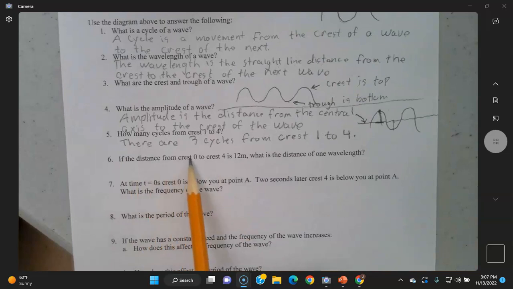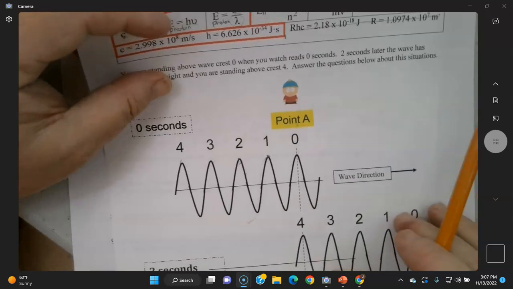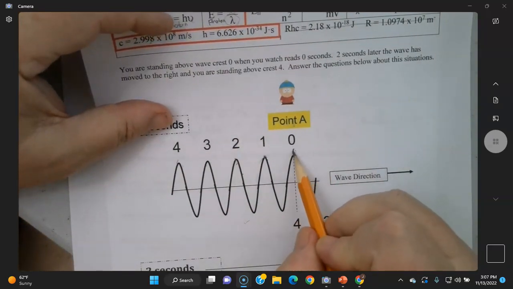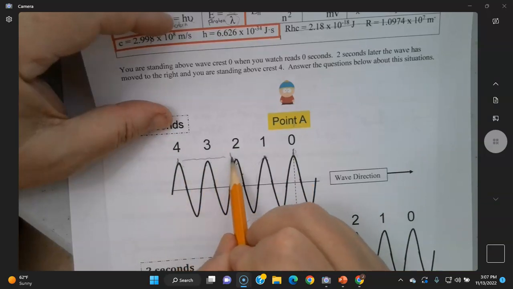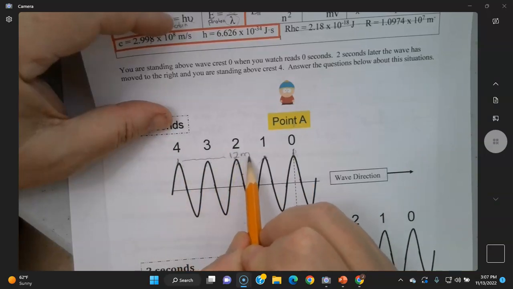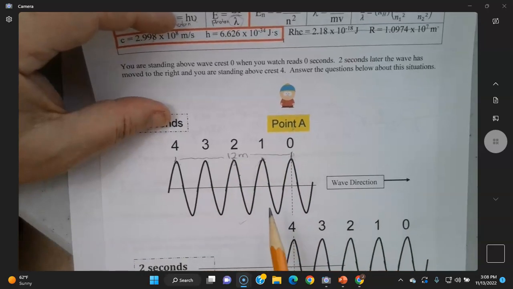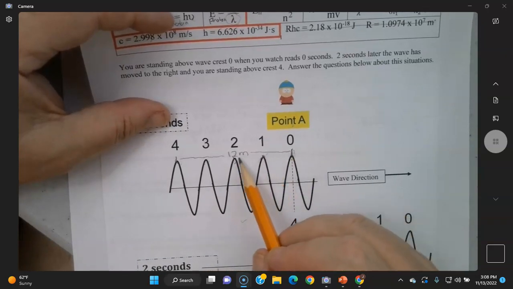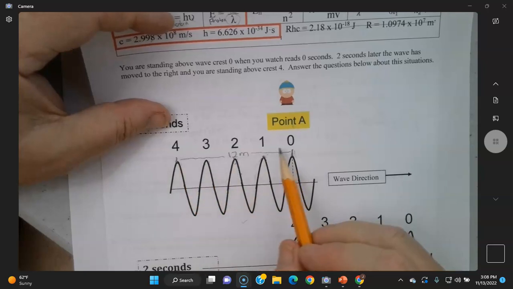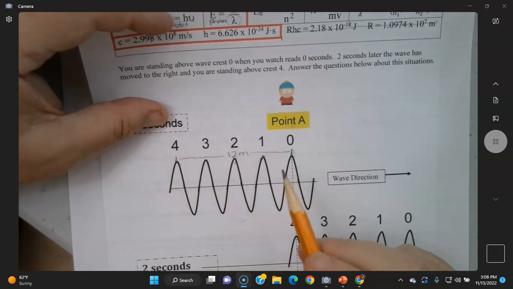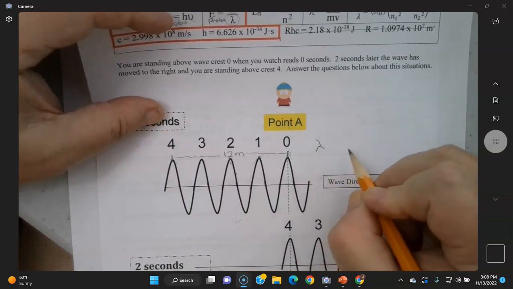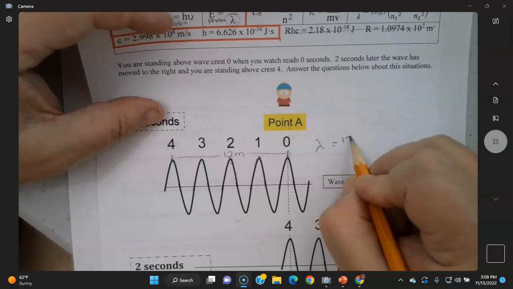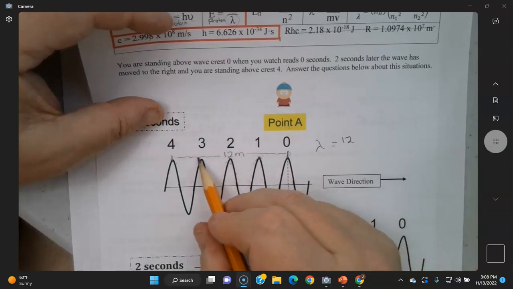If the distance from crest 0 to 4 is 12 meters, what is the distance of one wavelength? So let's just look at this. From 0 to 4, we're going to say in this example that this distance is going to be 12 meters from there to there. Okay, so that's 1, 2, 3, 4 wavelengths. Remember, wavelength is the straight line distance. So wavelength, get used to this, lambda equals the 12 meters is 4 wavelengths.